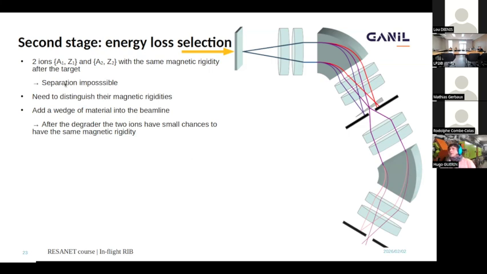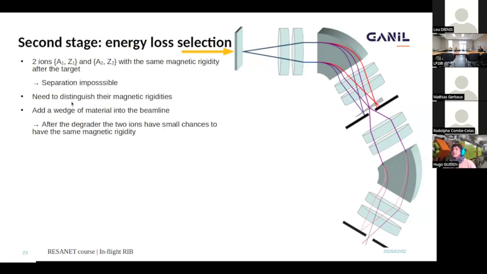Why energy loss? If you have two ions with mass and Z with the same magnetic rigidity after the target, we saw this separation is impossible with the first stage.